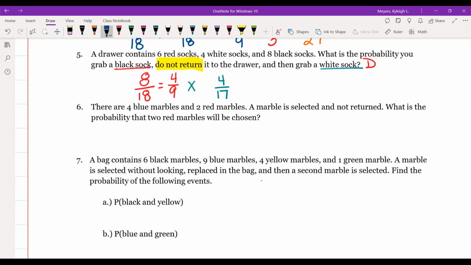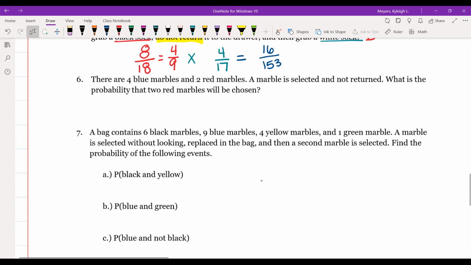So now we're doing 4/9 times 4/17. Figure out what that is. All right, so I got 16/153, and that's as simplified as it can get, I'm pretty sure.